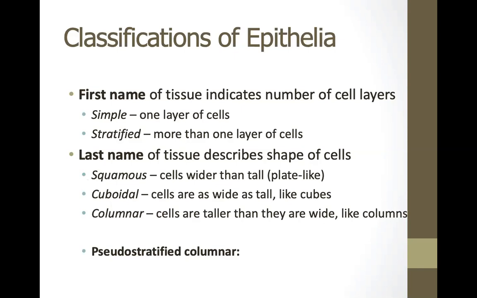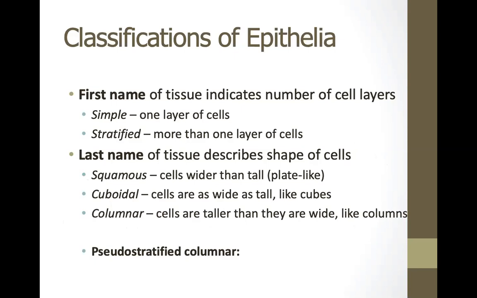So they're more square shaped. They are as wide as they are tall. Again, basically a square. What about the word columnar? When you think about a column, what do you think? Something being super long, right? So these cells are going to be super tall compared to how wide they are. And therefore, we call them columnar, or they're shaped like a column.